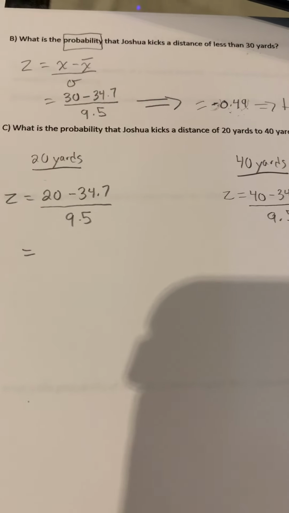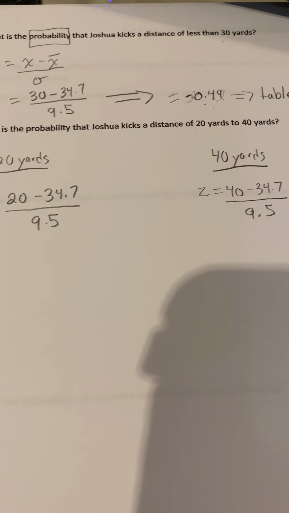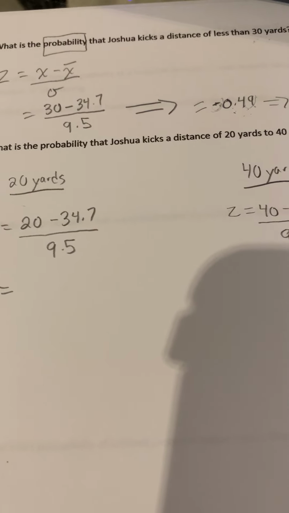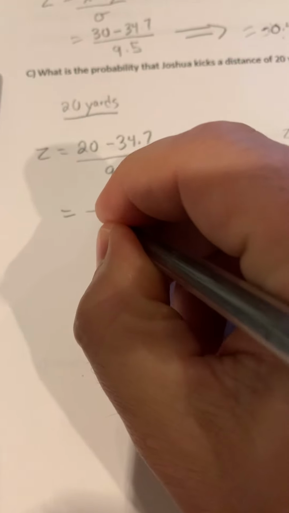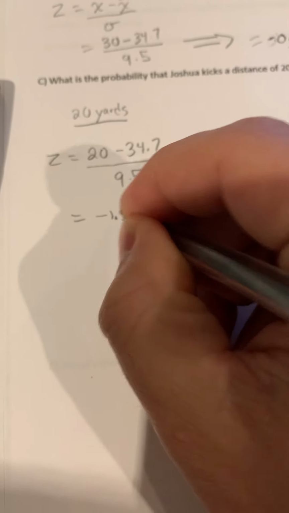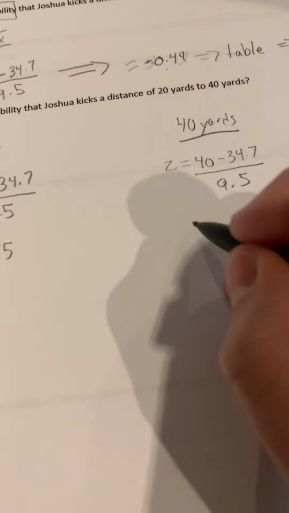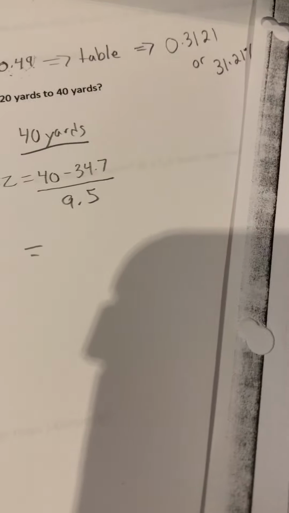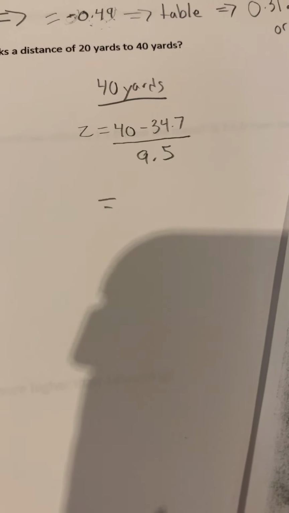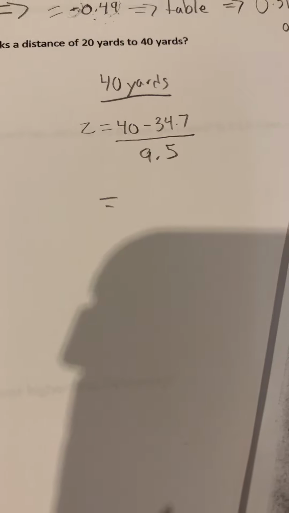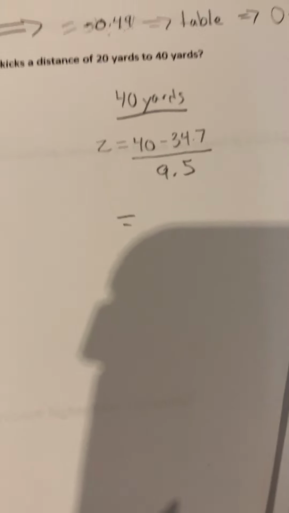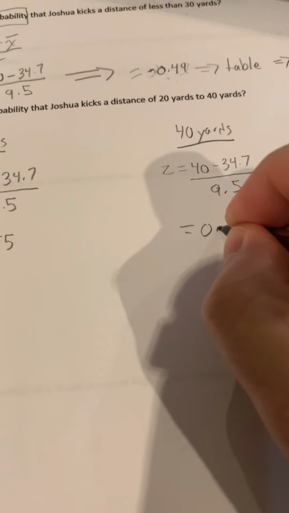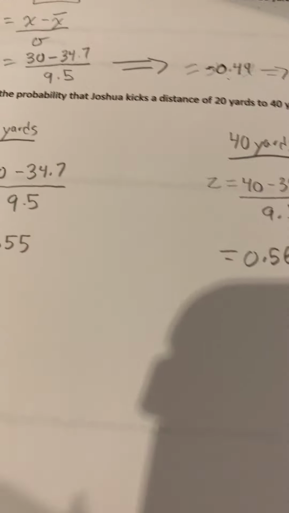So here, 20 minus 34.7 divided by 9.5, I get an answer of negative 1.55. And here, I get an answer of 0.56.